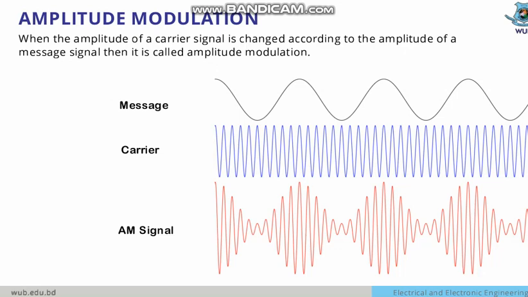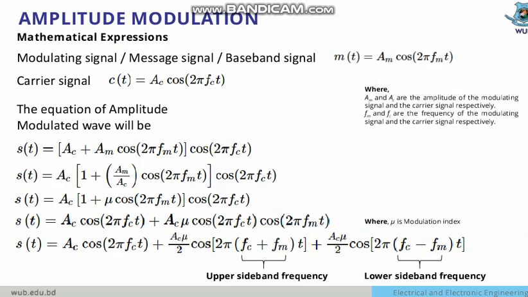Now let's see how amplitude modulation is expressed mathematically. The modulating signal, the message signal, and the baseband signal are the same. That is denoted as m(t) = Am cos 2πfm t.